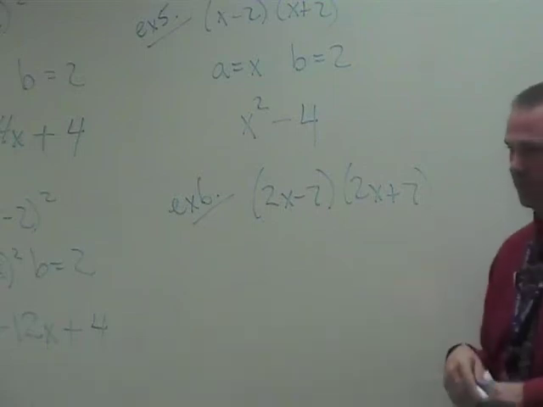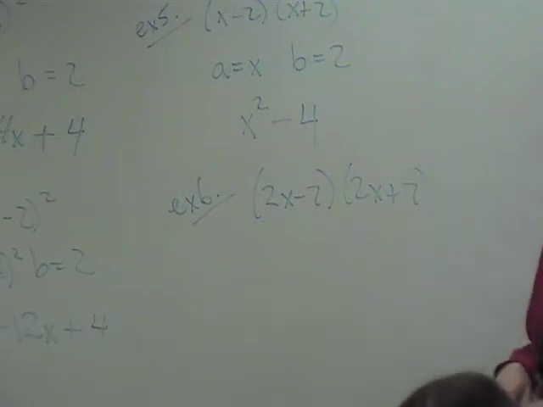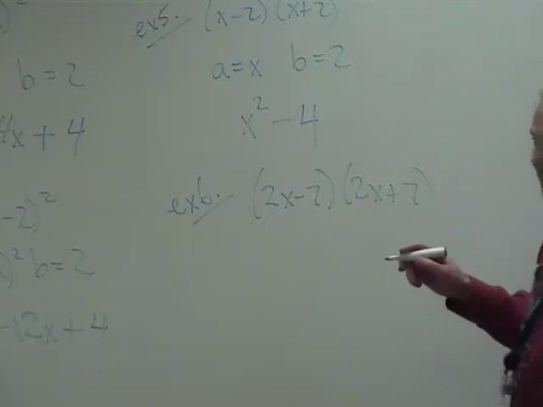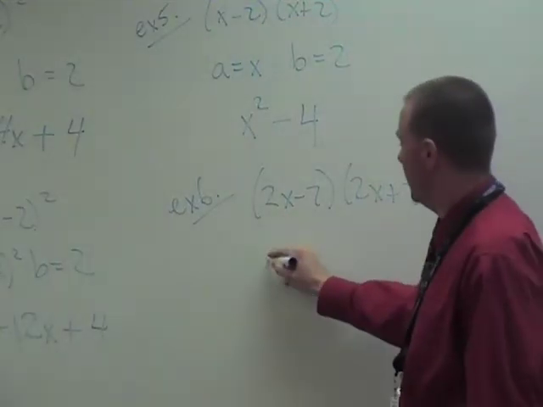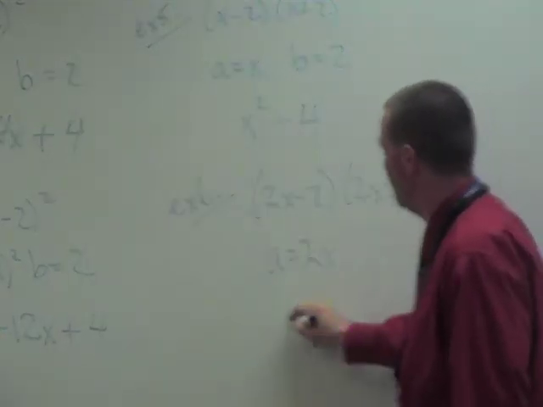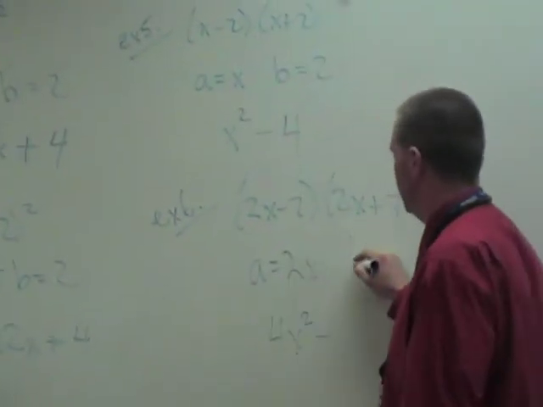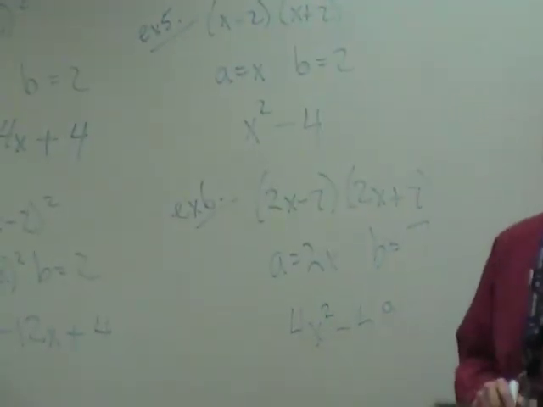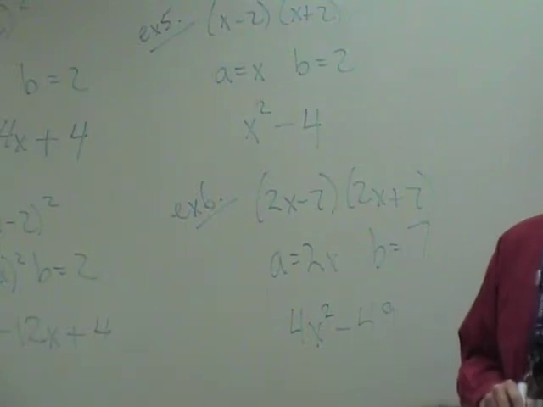It doesn't matter which one's first. 2x squared, 7. 4x squared minus 49. You have to square the 2x. A is 2x. You square that, you get 4x squared. B is 7. That's 49. Who got that right?